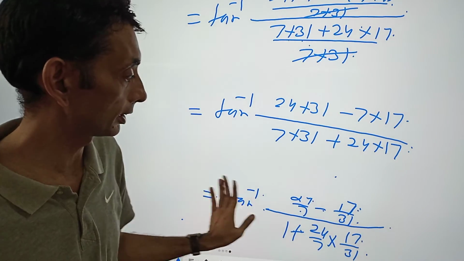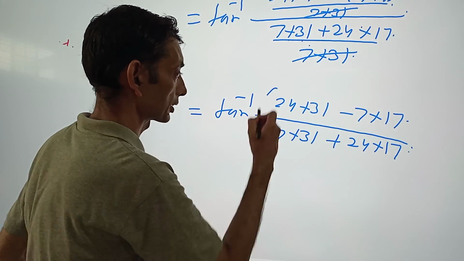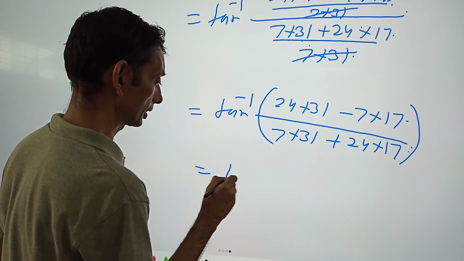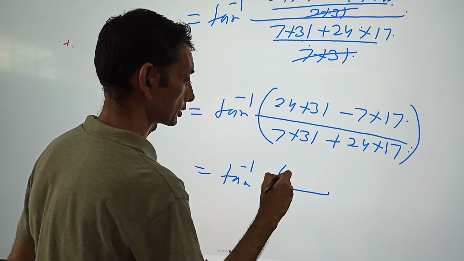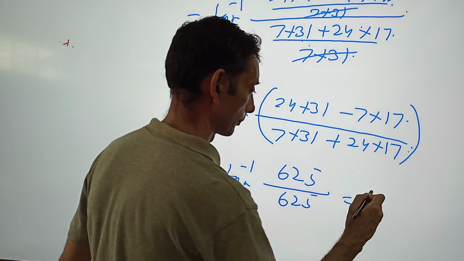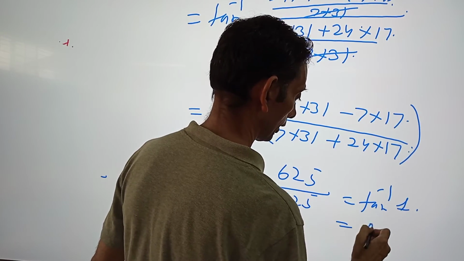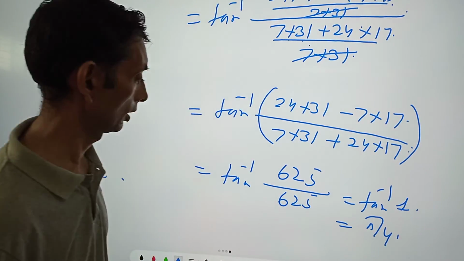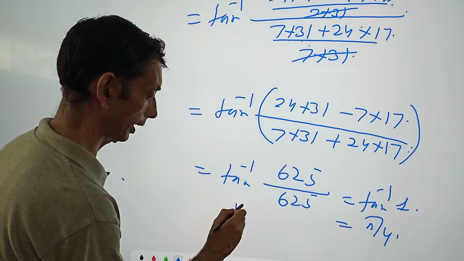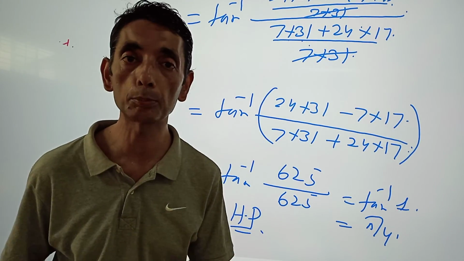Now if we simplify these expressions, it comes as tan inverse 625 by 625, that is equal to tan inverse 1, which is pi by 4. Hence proved. These are very simple questions but very important.